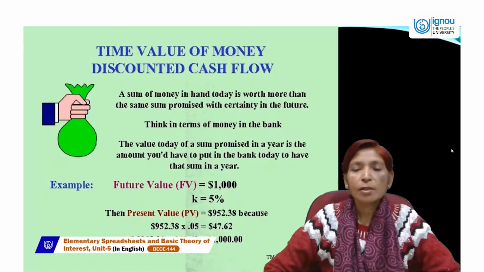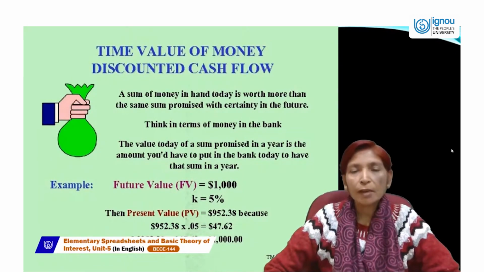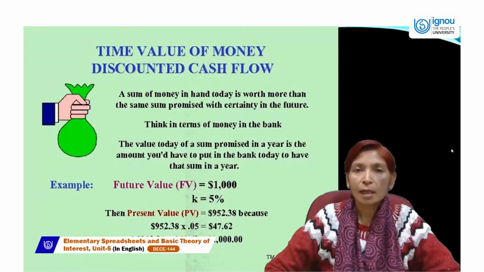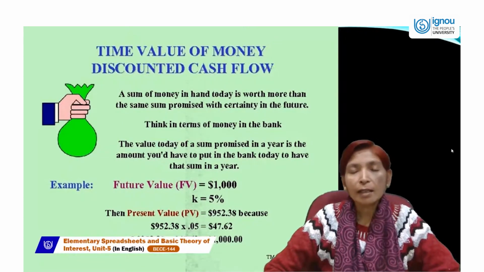Now think in terms of money in the bank. For example, if I have deposited 10,000 rupees in a bank at present, will I get only 10,000 rupees in future? Never. I will get a higher amount in future.